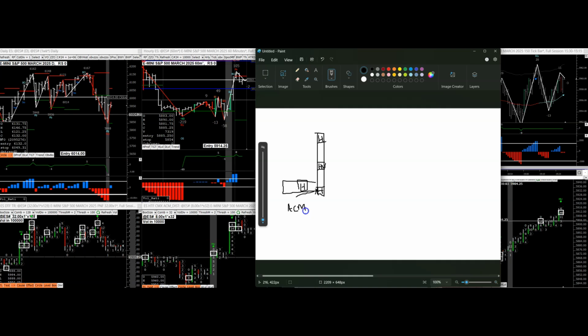Why? Buy low. Buy low is accumulation. Typically when it's in the middle, it's breaking up above prior highs. So this is your breakout volume. And if it's at the high, it's distribution, meaning they're selling.